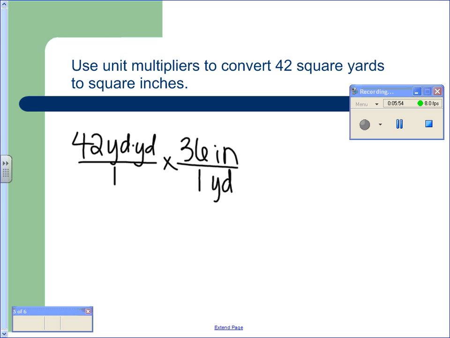Do you agree that there are 36 inches in a yard? You can use that one if you want. You don't have to. I don't care which way you do it. And then, okay. The yards cancel. Now what? Do it again.